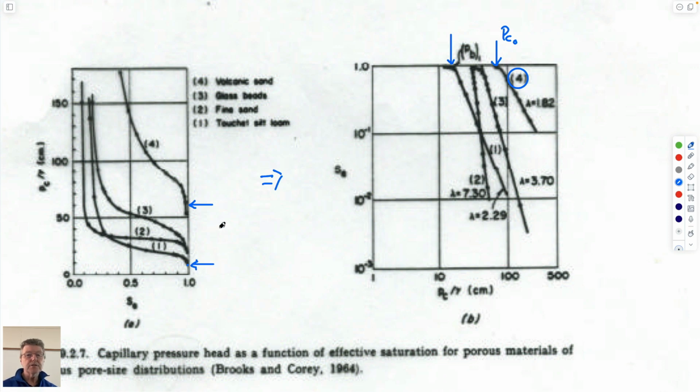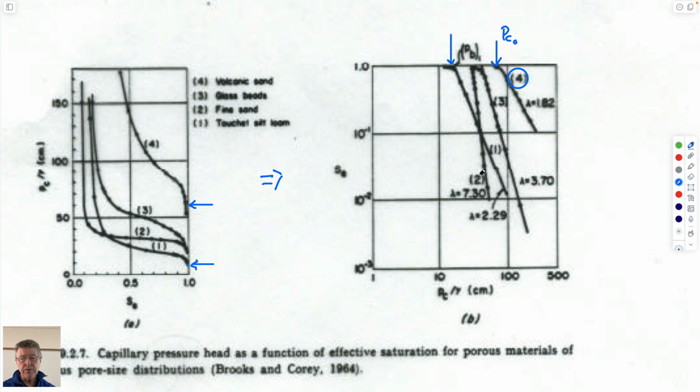And I guess the other feature of this is that the straight line here, the more vertical it is, the more that as soon as you get to the bubbling pressure, it will invade the whole pore space in the system. So if these lines are close to the vertical, I suppose you'd expect that the porous medium would have all the pore spaces the same diameters, because as soon as it gets into the largest one which it can get into, it'll invade the rest of the specimen.